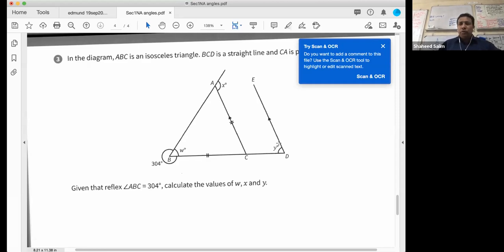Okay, can you get the answer? You try. You have the worksheet review for this one. So I stop screen share. You work it out again.